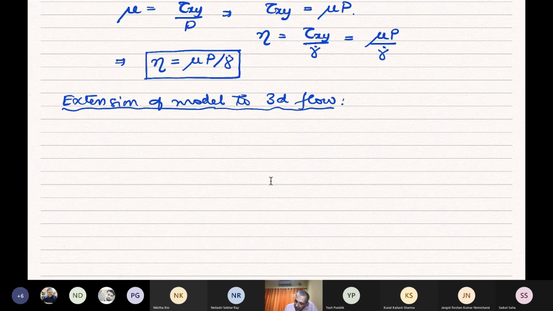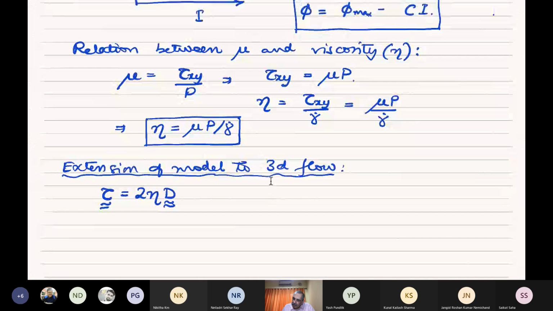So then what we can write is that we can write a tensor equation for the stress. We have seen this in fluid mechanics a lot. For a Newtonian fluid, this eta is equal to mu, which is the viscosity. Here we are calling eta as the viscosity. So this is what you will get.